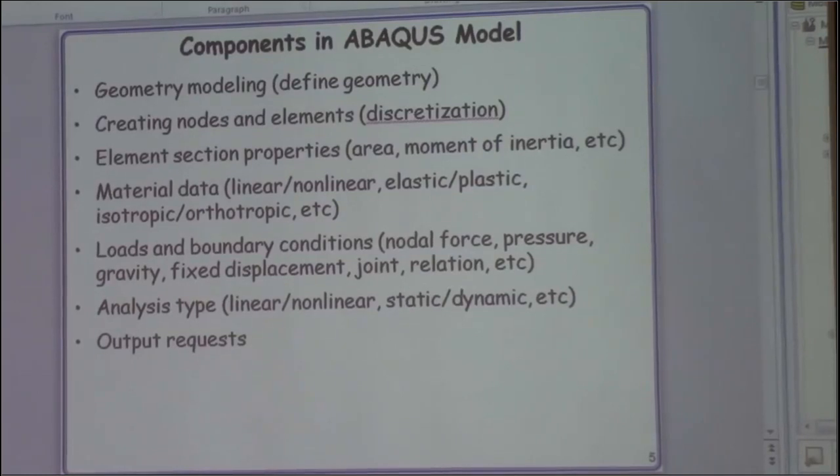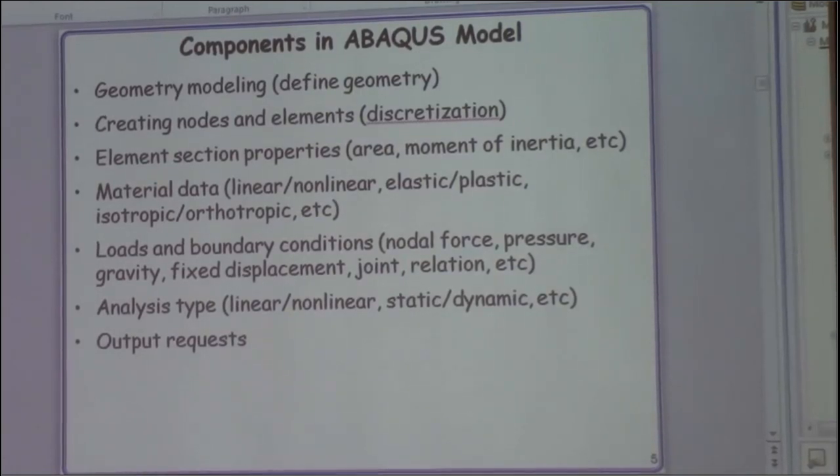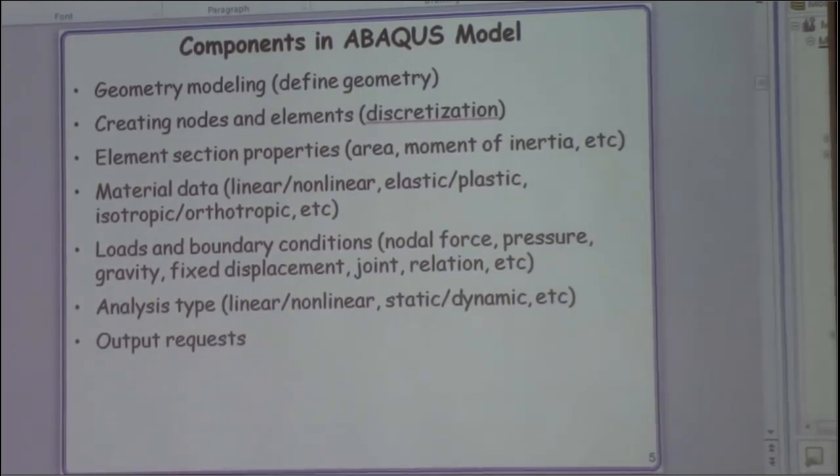Then I apply loads and boundary conditions and define what the analysis type is, linear, nonlinear, static or dynamic problem. And then I define the output request. Do you want to know the displacement result or stress result or section force, section moment, something like that. So you define everything in the ABAQUS model, and then it will do the work.